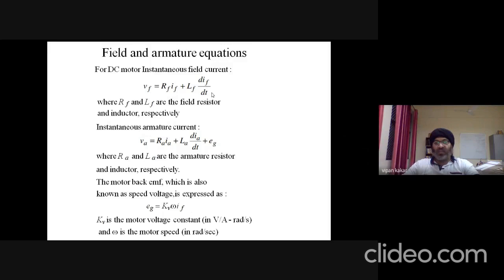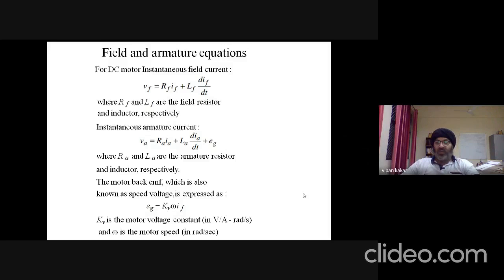In the same way, we can find the instantaneous value of armature current using this equation. And here we have the back EMF generated by the motor. This back EMF, also known as the speed voltage, is generated because of the movement, and is expressed by this equation: back EMF equals kV omega IF.